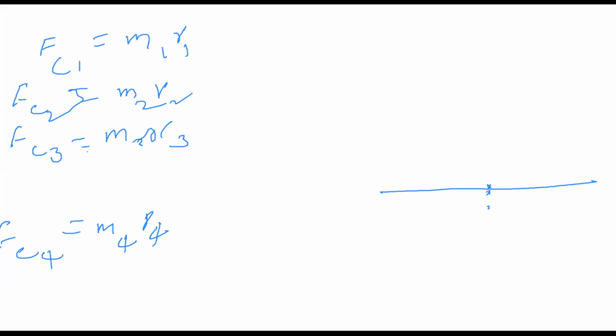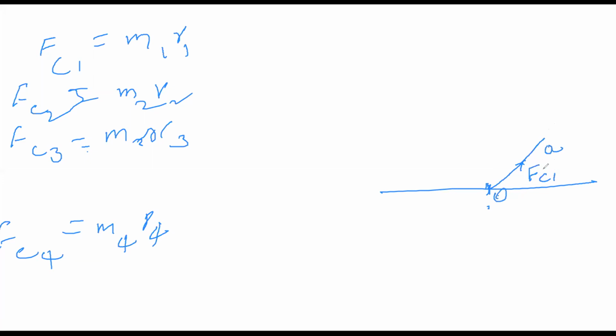This is our FC1. Are you able to see my whiteboard? This is represented by small a, and this is OA.